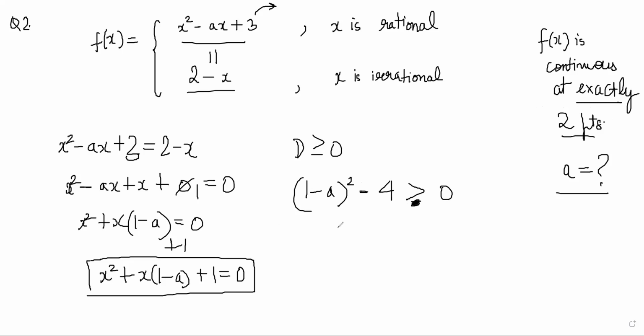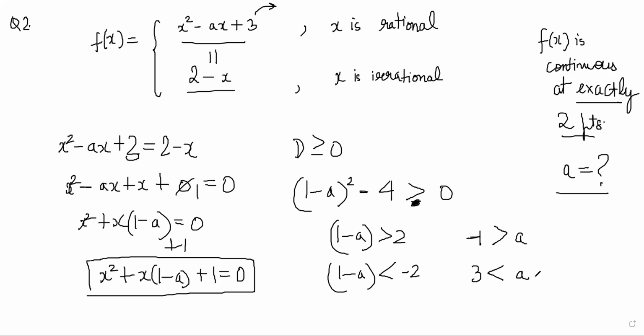So this becomes 1 minus a should be greater than 2, or 1 minus a is less than minus 2. So take the a this side and take the 2 this side. So minus 1 is greater than a, and here it becomes 3 is less than a, right? So a is less than minus 1 or a is greater than 3.